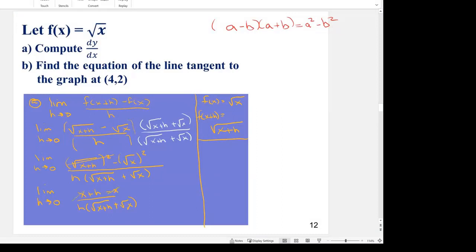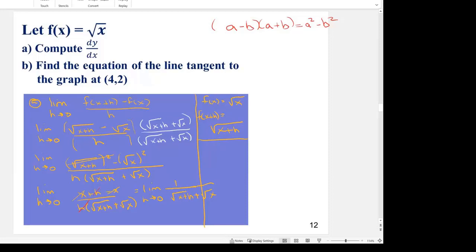The x's are going to cancel, and also the h's, I'm going to have h over h, they're going to cancel, and I'm going to end up with the limit as h approaches 0 of 1 over the square root of x plus h plus the square root of x, right?